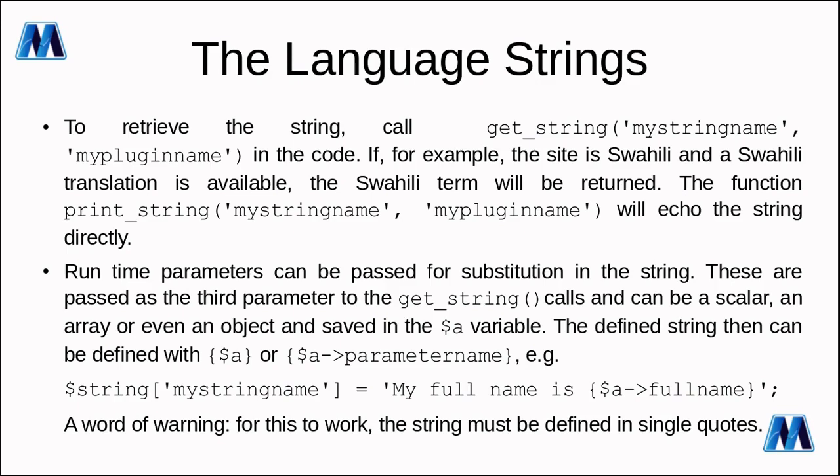However, if you are defining a string with that parameter for substitution, the string must be defined in single quotes. Probably best to have single quotes for all your strings unless it's easier to use double quotes.